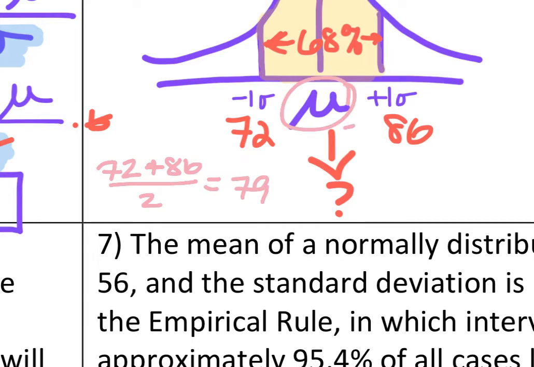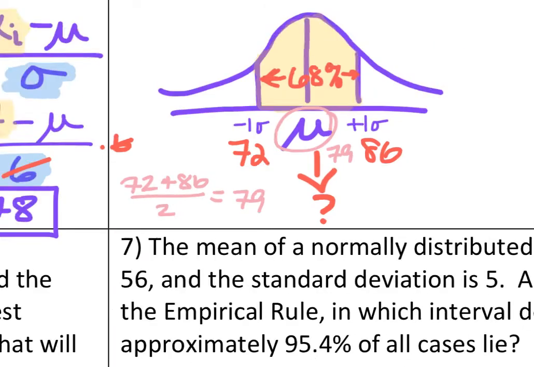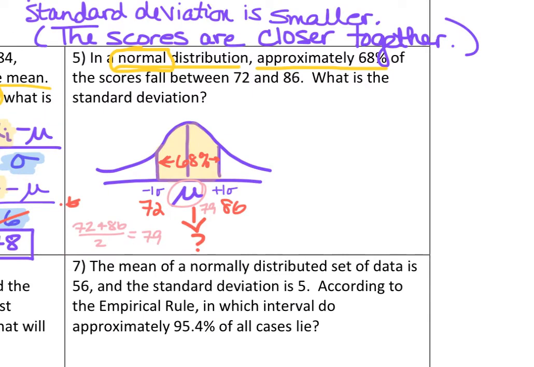So this value is going to be 79. And the difference between 72 and 79 is 7. And the difference between 79 and 86 is 7. And therefore the standard deviation is going to be 7.